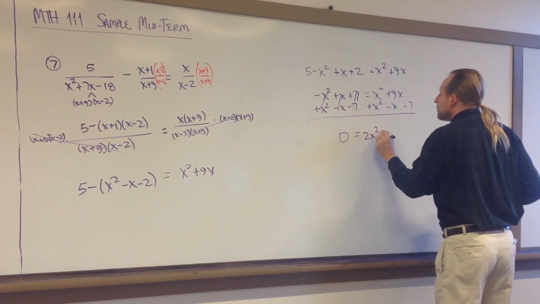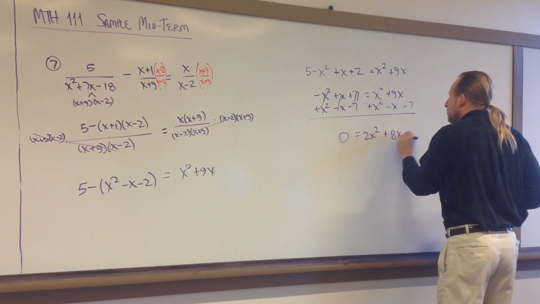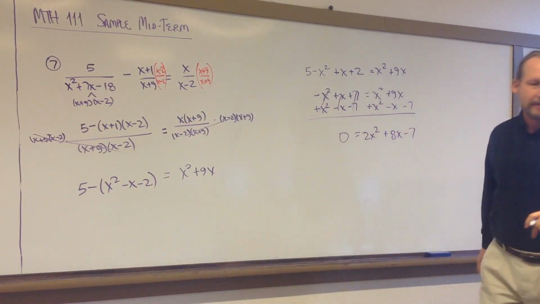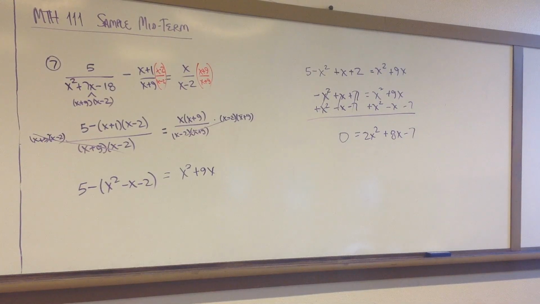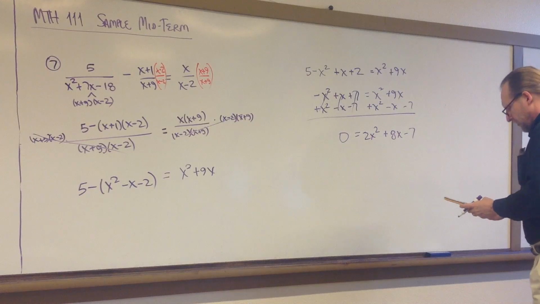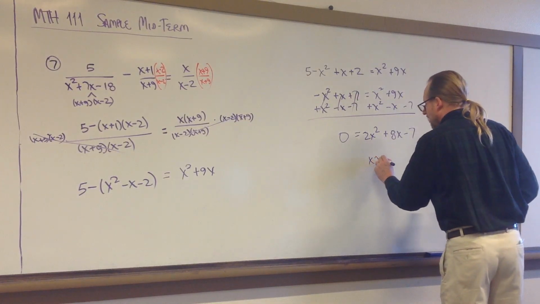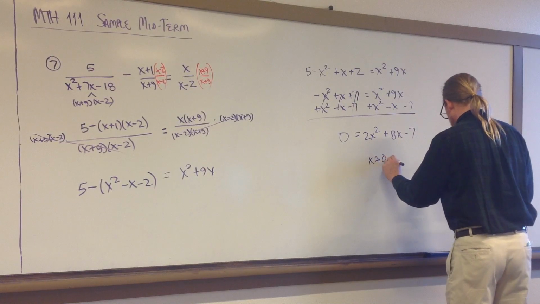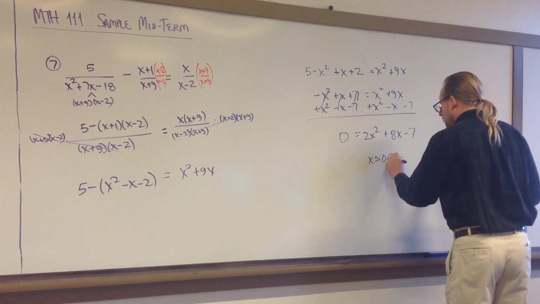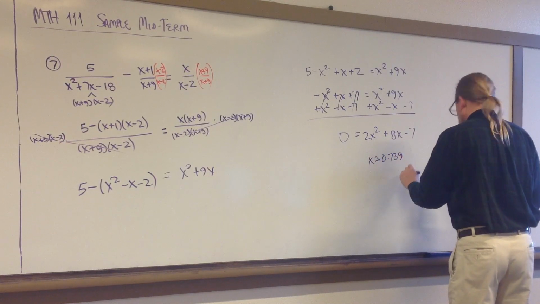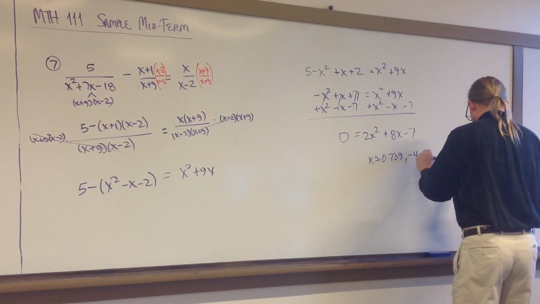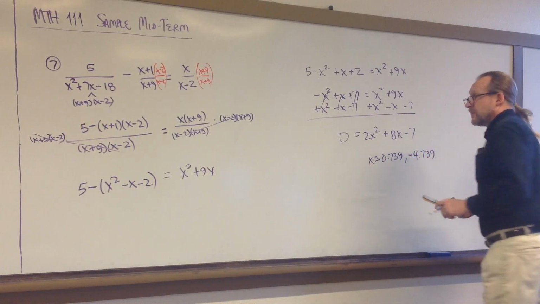Over here, 2x squared plus 8x minus 7. And we'll run this through the quadratic. A is 2, B is 8, C is negative 7. And that gives us x equals 0.739 or negative 4.739.